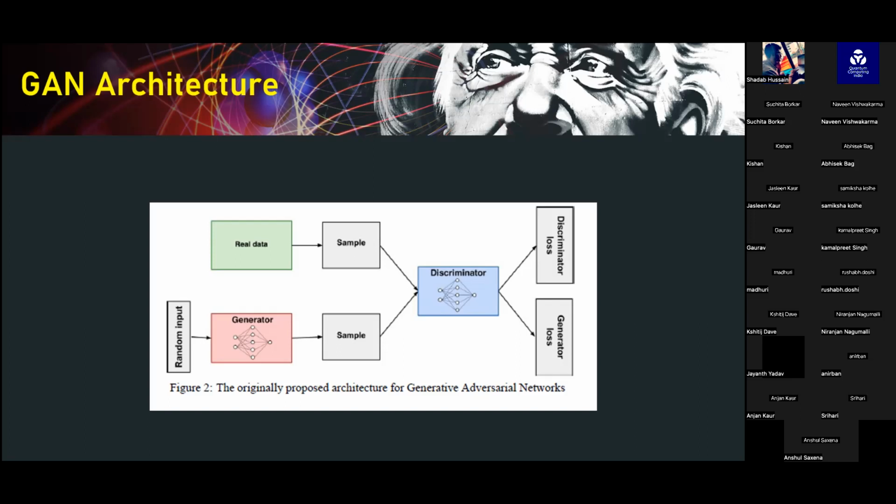It uses different kinds of learning processes. It takes feedback from the discriminator. What is the real objective of the discriminator? Its objective is to differentiate between the real data and the data generated by the generator.